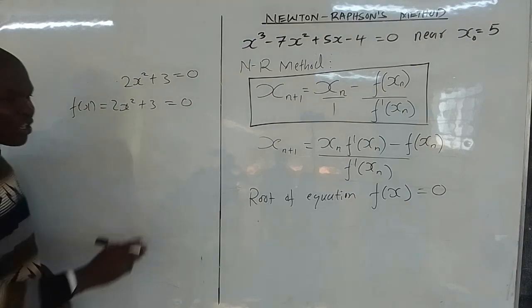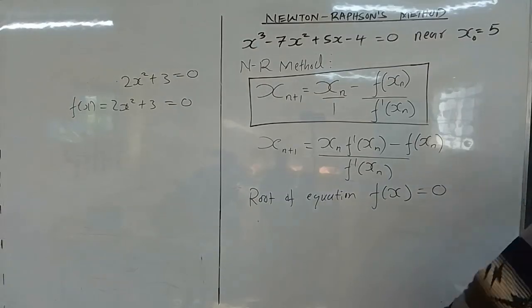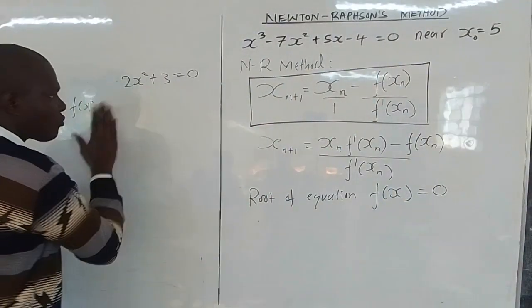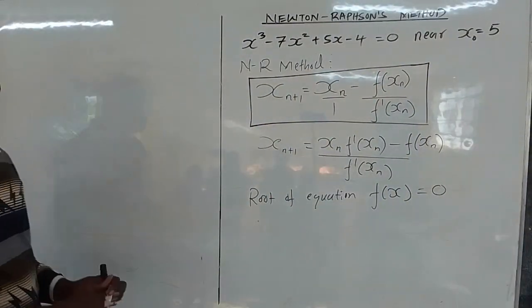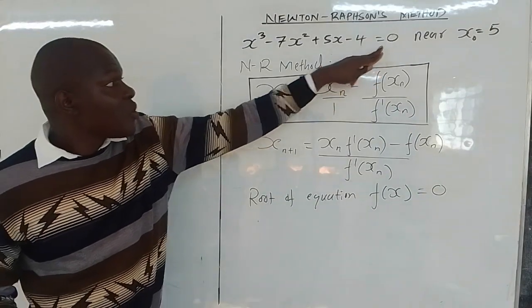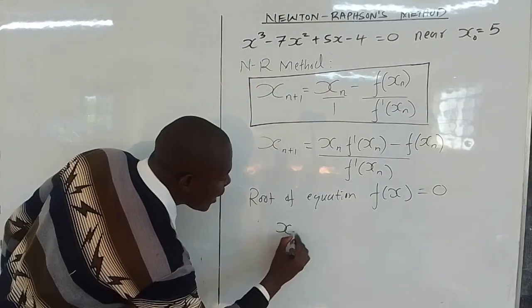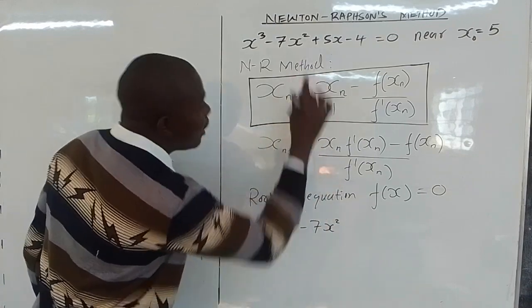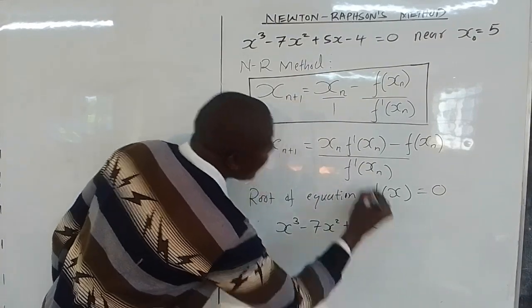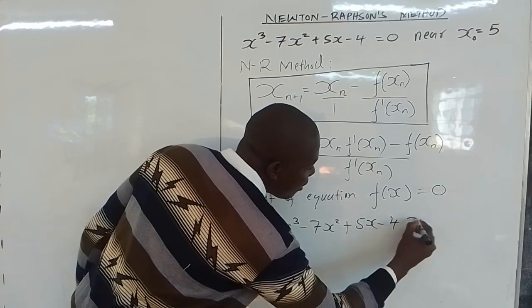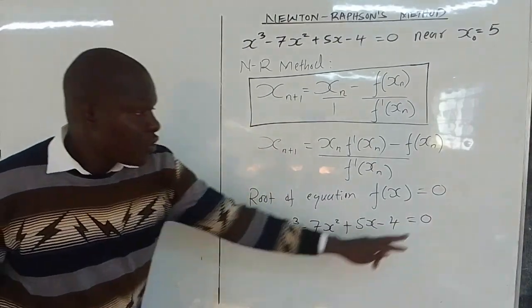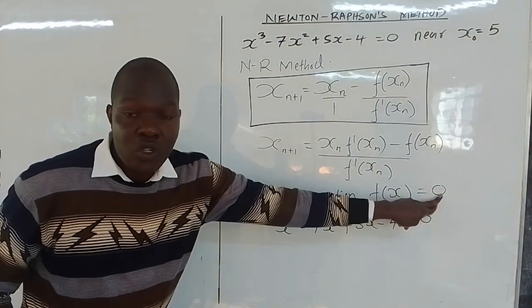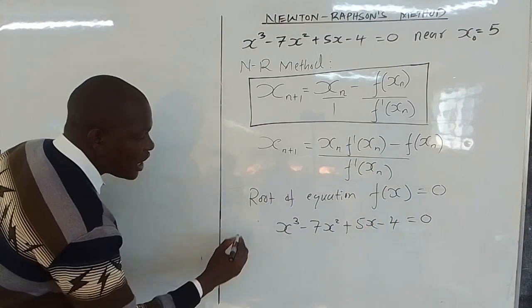So it means the function you are given, you must ensure that it is equals to 0. Meaning this equation is already equals to 0. So we have x cubed minus 7x squared plus 5x minus 4 is equals to 0, so it is f of x is equals to 0. So when you compare the two, it means what?